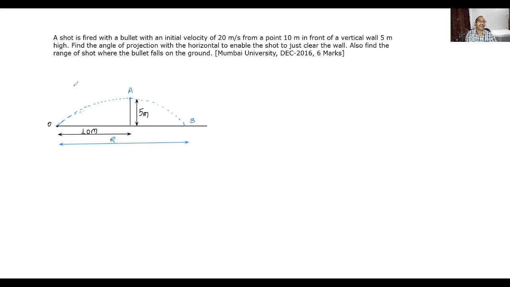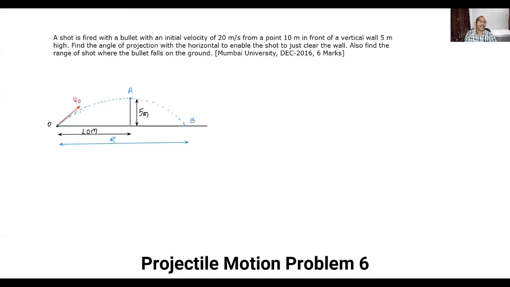This is the range. And the velocity of projection, it is projected from point O. Therefore, this velocity of projection is nothing but U0, you can say, right? Always we are representing the velocity of projection by U0, and the angle of projection is theta 0.